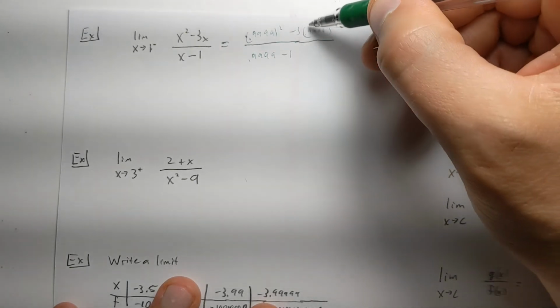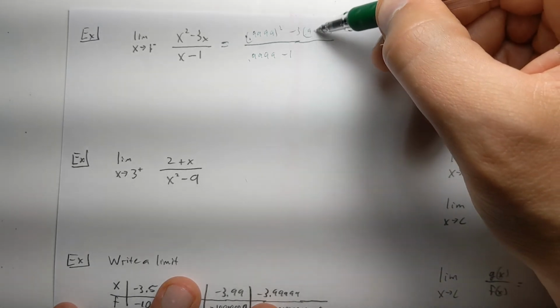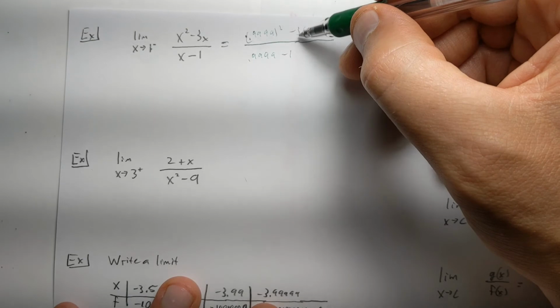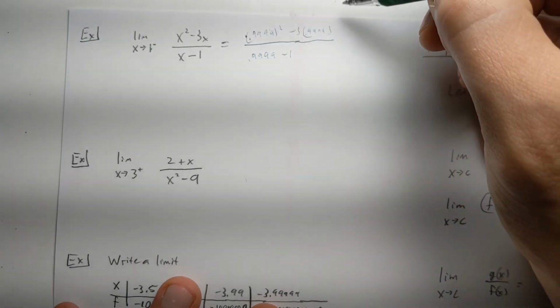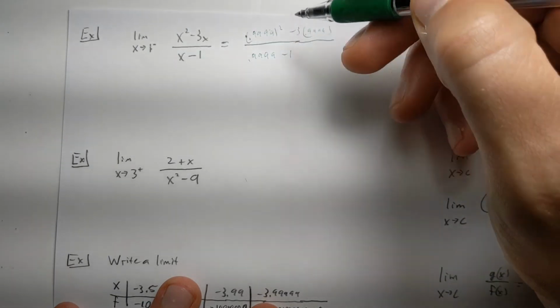Well, let's be honest. This is almost 1 here. 1 times negative 3. That's basically negative 3. This is going to be really, really close to 1 squared. So 1 minus 3.